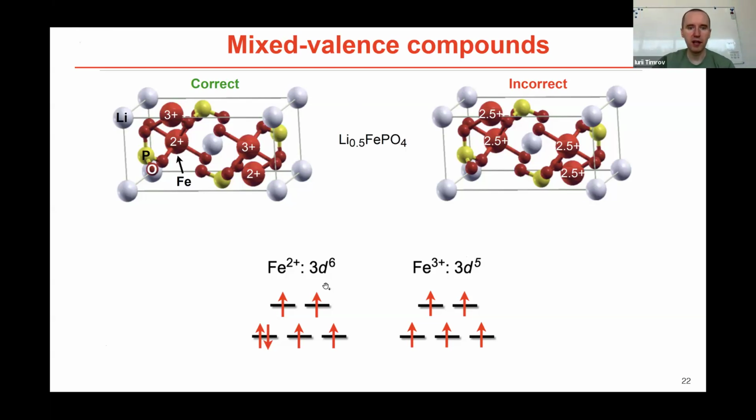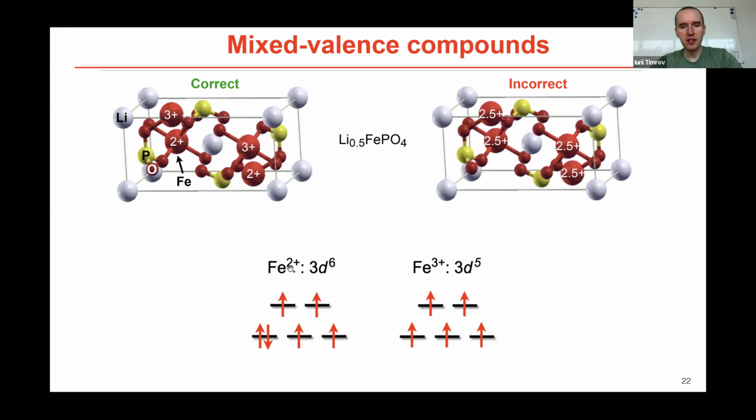So iron 2+ means that we take away 2 electrons from the neutral iron atom. Iron 2+ would correspond to 3d6, so the 3d shell has 6 electrons. It means that we removed 2 electrons, and those 2 electrons were sitting in 4s. In the neutral iron atom, there is 3d6, 4s2.